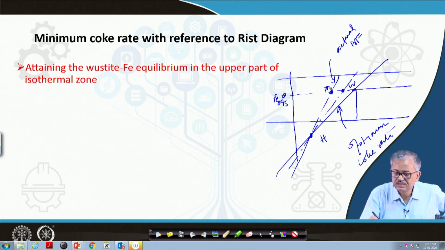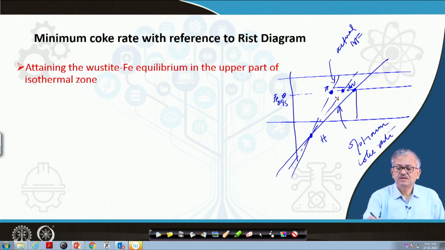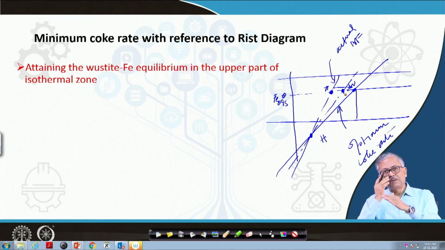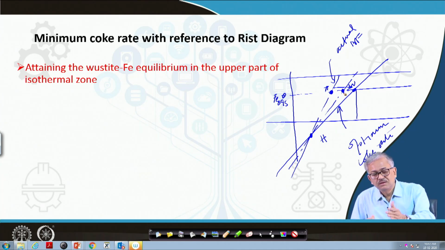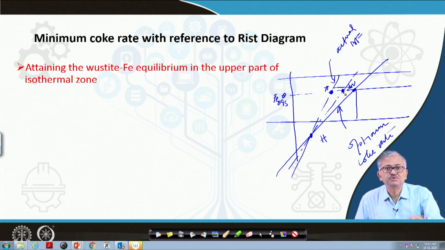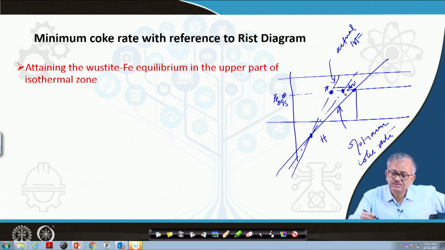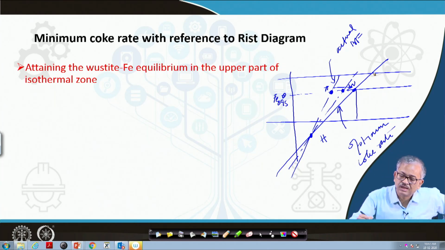Suppose one furnace is at a, so you can shift this point to here, or this point to here, because in wüstite reduction, you can find here that the wüstite-iron equilibrium has not been attained at this point, but here it is. So you have scope for reducing the coke rate. If you want to attain the minimum coke rate, you have to achieve this equilibrium. This is the equilibrium line, that is the optimum line, okay.